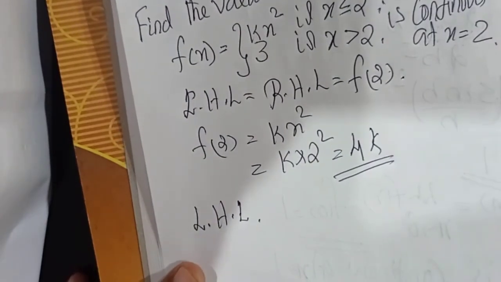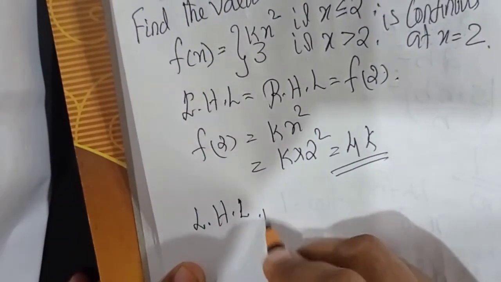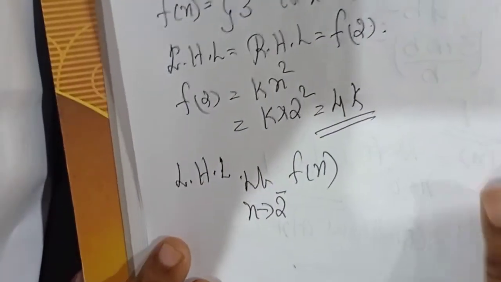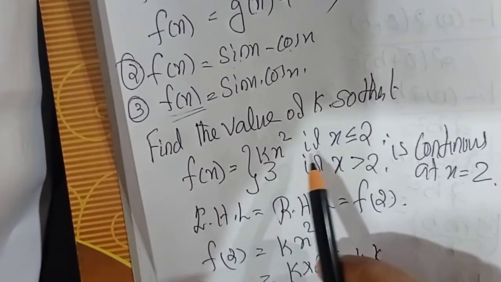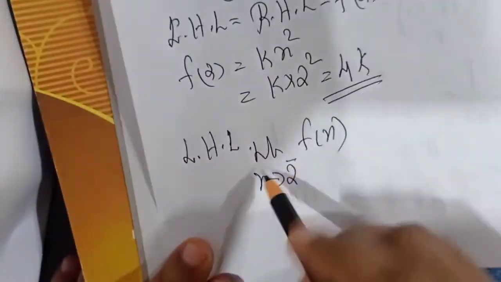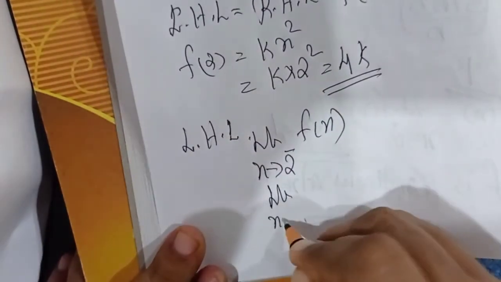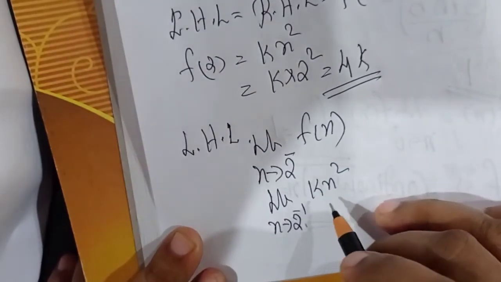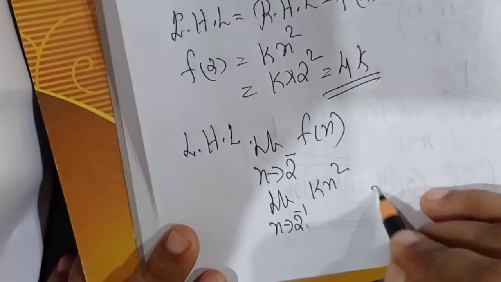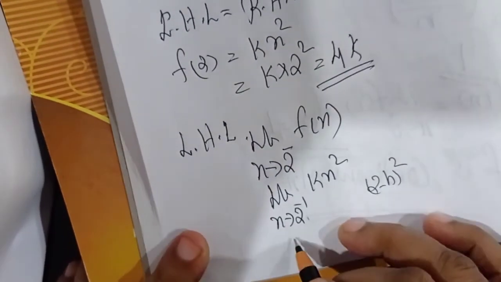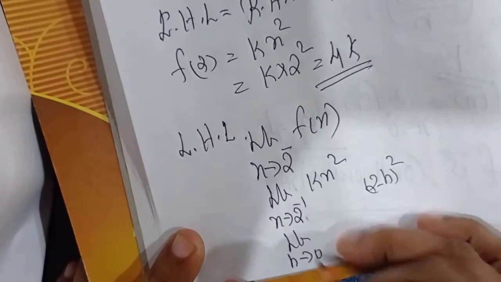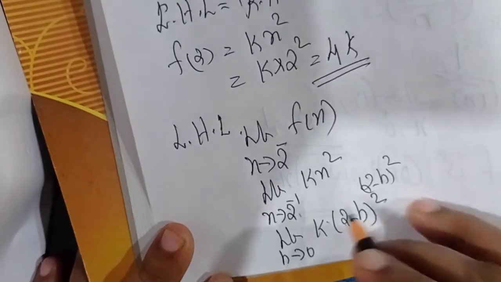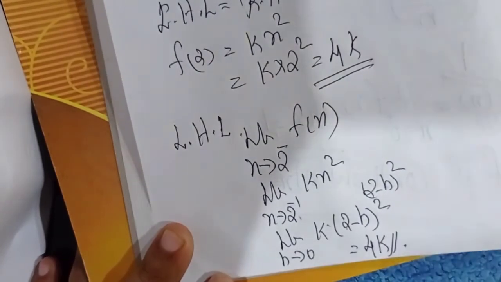LHL means take the negative value, limit x tends to 2 minus f(x). 2 minus means negative, kx square. Limit x tends to 2 minus kx square. Here, k into 2 minus h the whole square, limit h tends to 0. 2 square is 4, so 4k. The value is 4k. Check the answer.